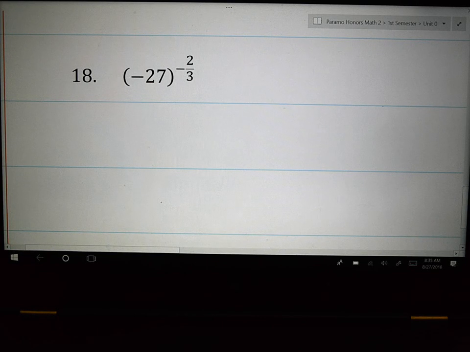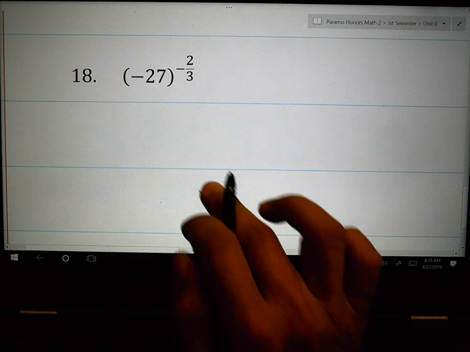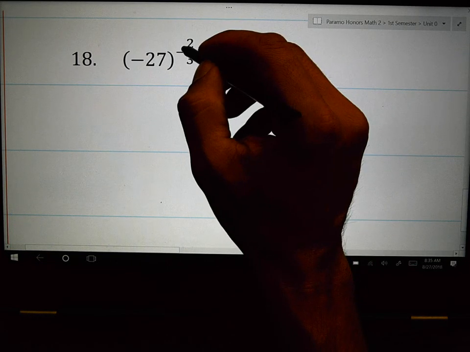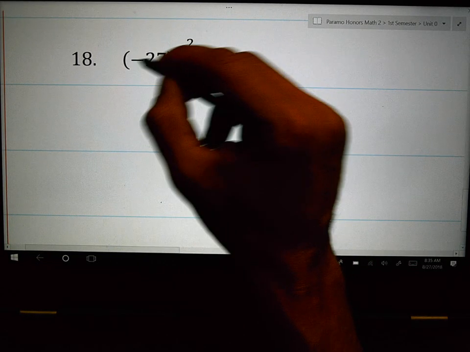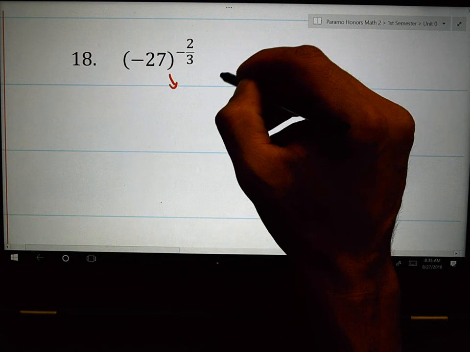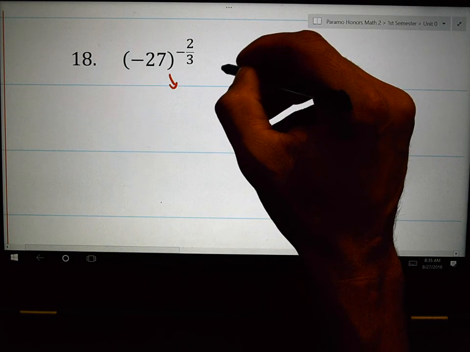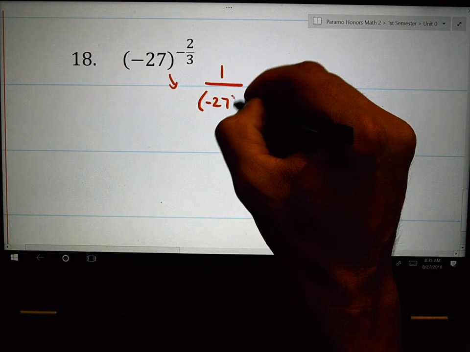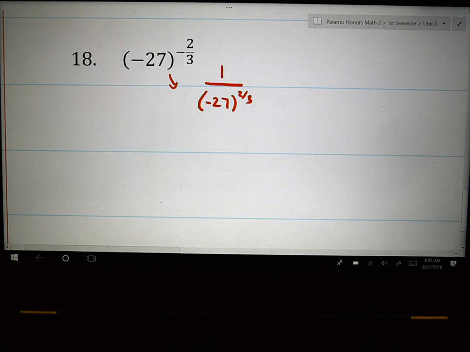Number 18. First thing I'm going to do for number 18 is, since this whole group is to the negative 2/3 power, I'm going to move the whole group to the denominator. 1 over the whole group, negative 27 to the 2/3 power.